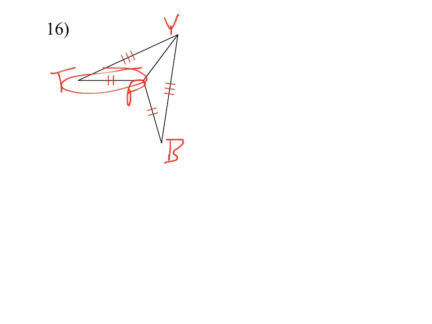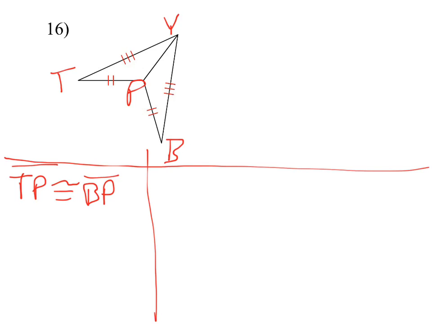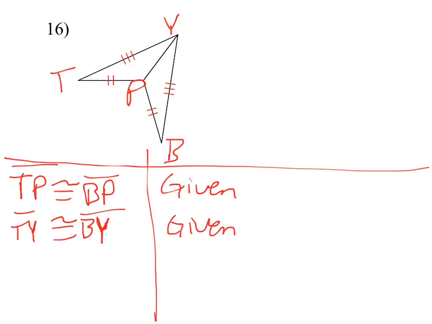Right now I know that TP is congruent to BP because of those lines there. So I got TP is congruent to BP. And I know that because that's a given. And I know that TY is congruent to BY. Because that's also given, it's just right on the figure.